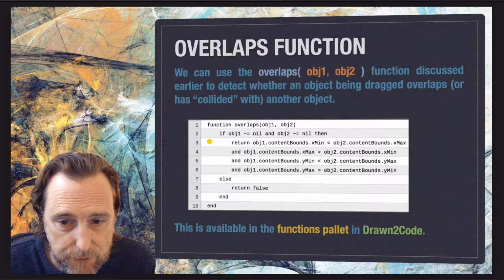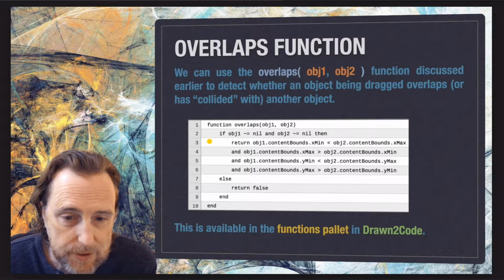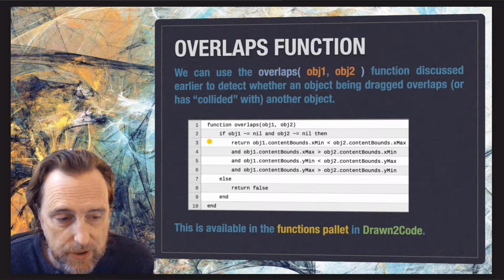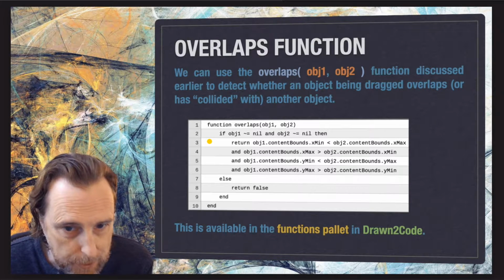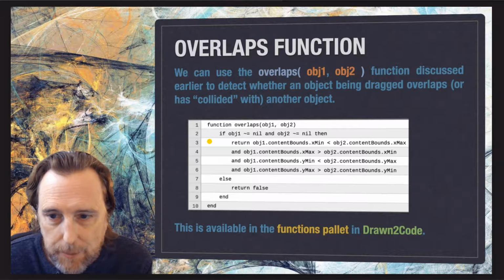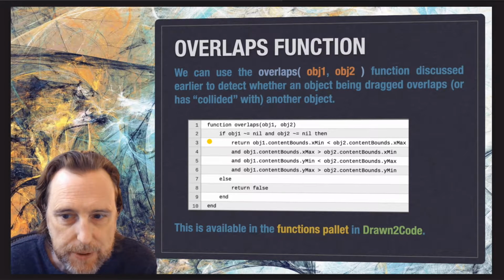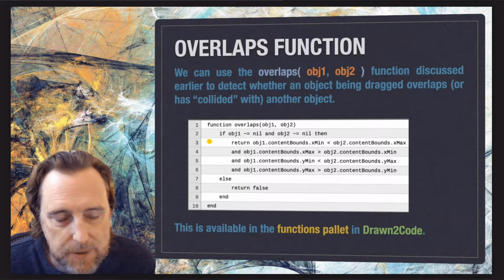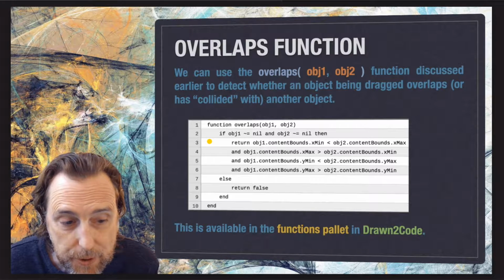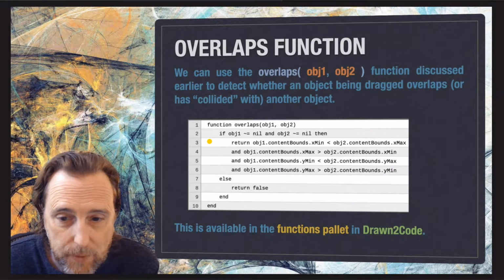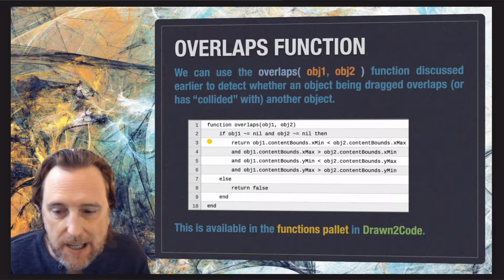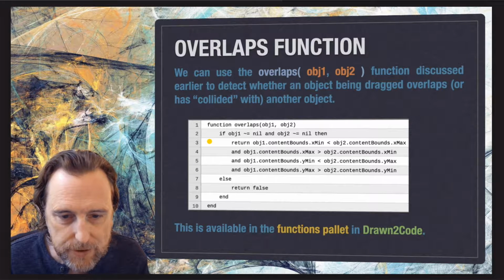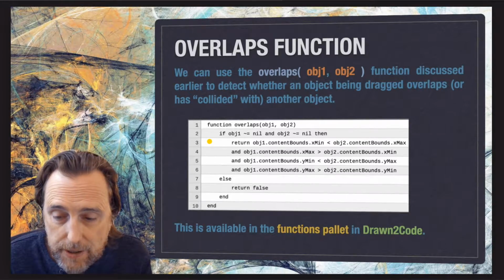And then there's just these four comparisons where I'm saying, is there any way that the first parameter object overlaps the second parameter object, based on these xMin and yMin and xMax and yMax attributes that are part of the content bounds table. So all the information I need to detect overlap is built into the content bounds tables for these two display objects.